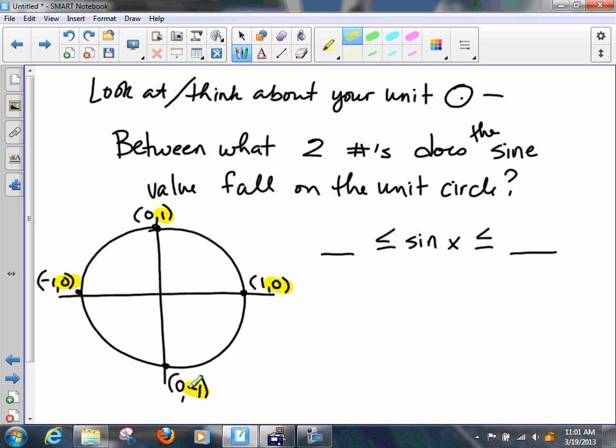Because I want you to notice something, okay? What's the lowest value of sine on this unit circle? Negative 1. What's the highest value of sine? 1.